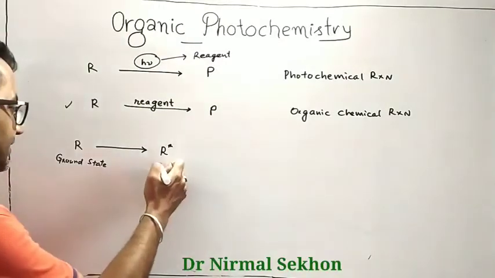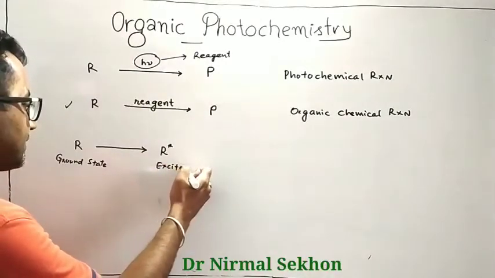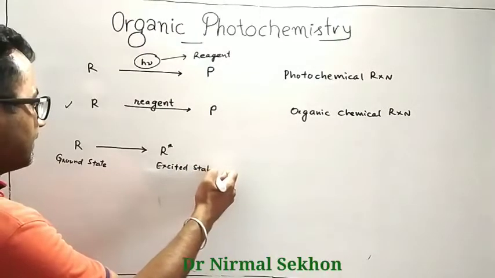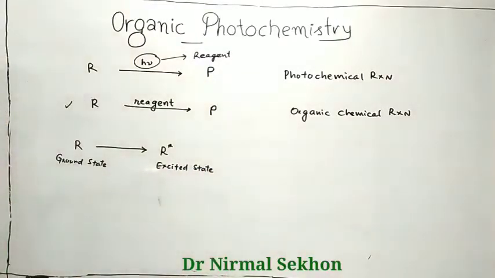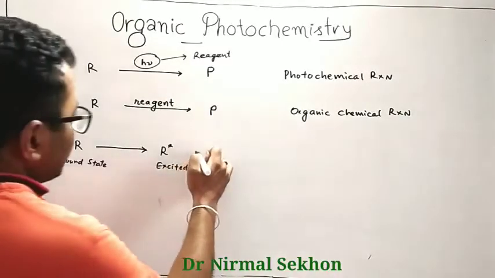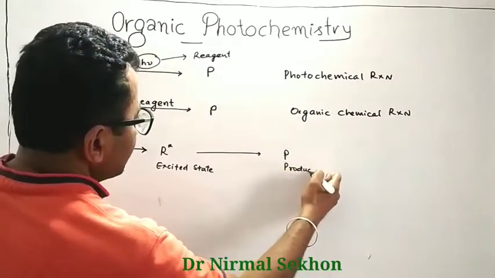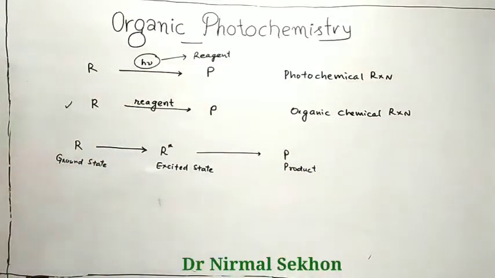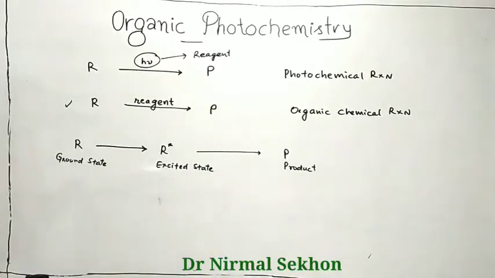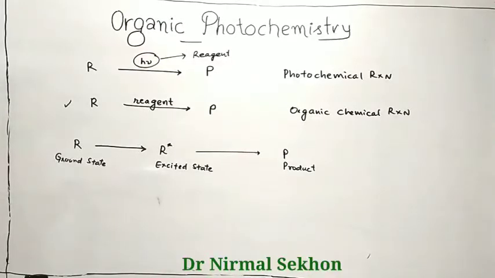Star represents the excited state, which is unstable and high in energy. This excited state then changes to product. So this is your reactant R in the ground state. When you irradiate it, it goes to an excited state, represented as R star. And then R star, because it is unstable, immediately changes into product P.